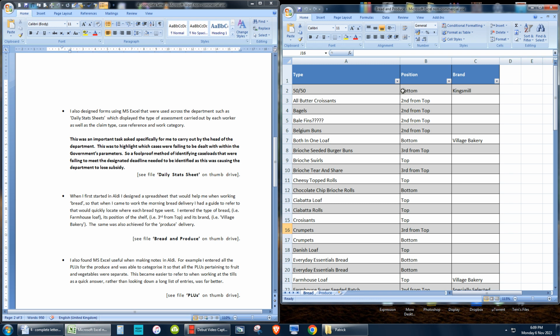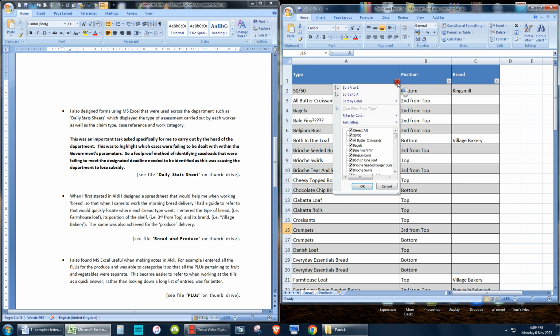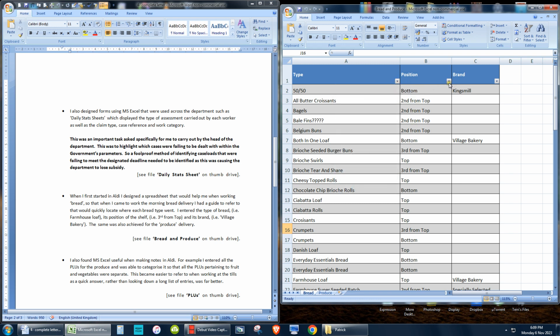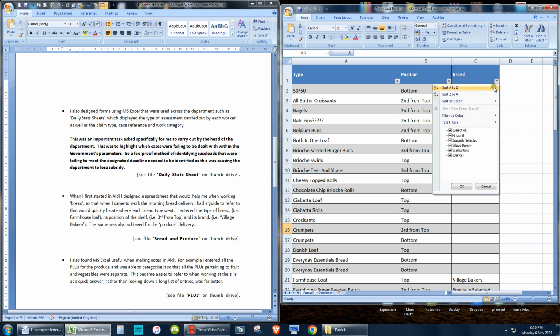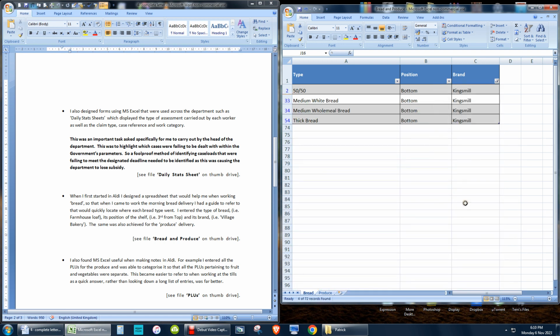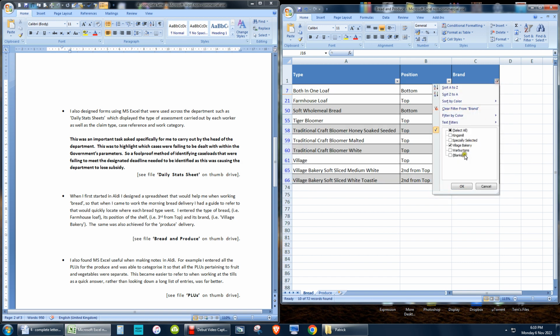Right, so now this is important because I can go here, I forget that, I can go here and I can find every single Kingsmill type bread we sold. So take all that off, and that would be that. Or I could do the same with Village Bakery and Warburton's.